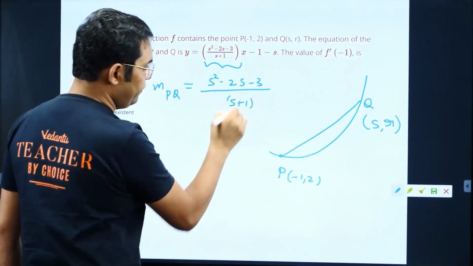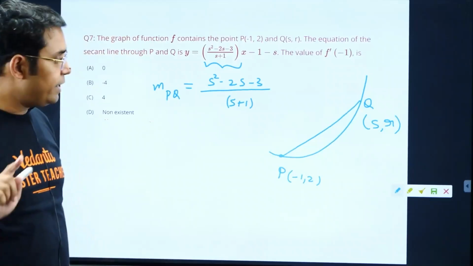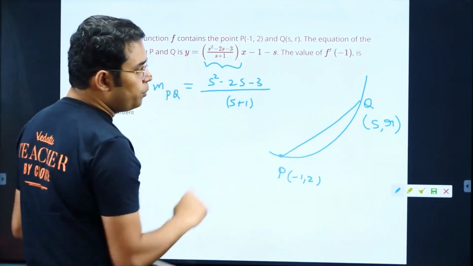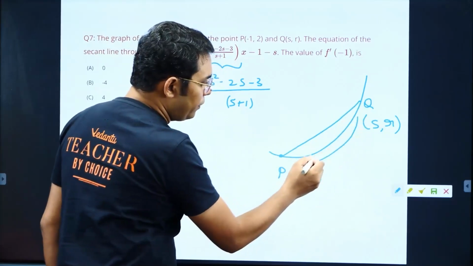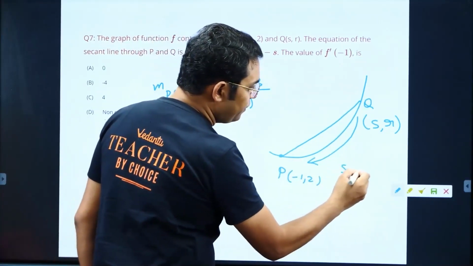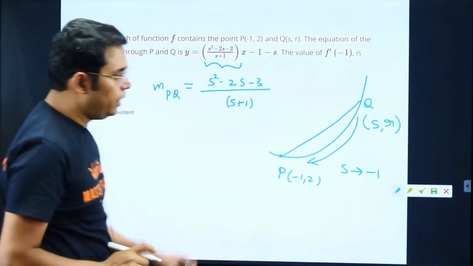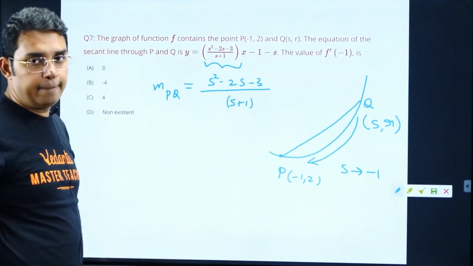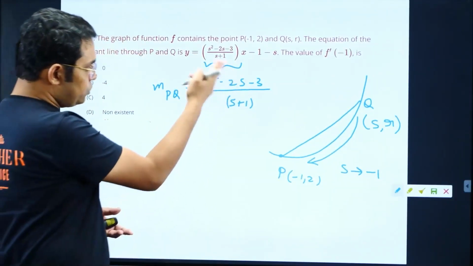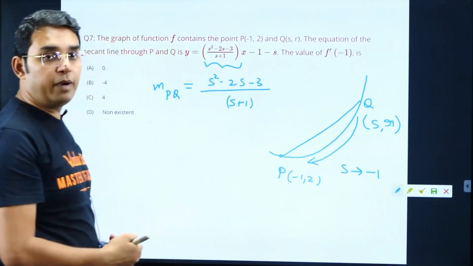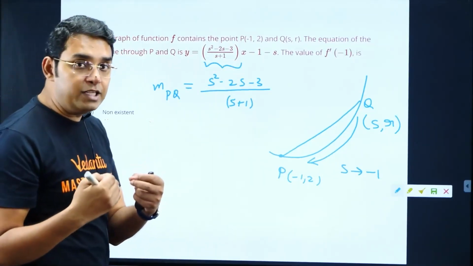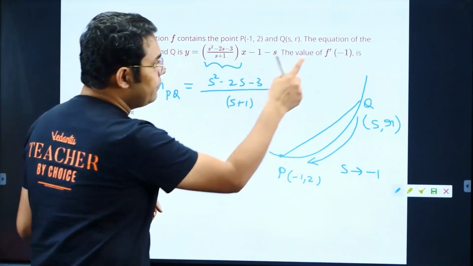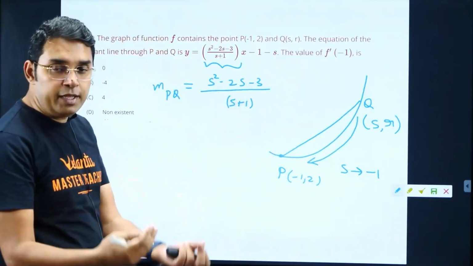Now listen carefully. As you know the geometrical meaning of the derivative, as Q approaches P, meaning s approaches minus 1, this secant will become the tangent at P. And then this slope as s approaches minus 1 will give you the slope of the tangent at P, which is nothing but f dash of minus 1, dy upon dx you can say.